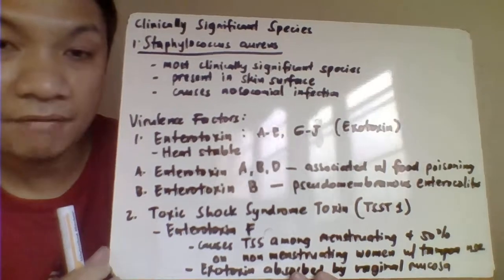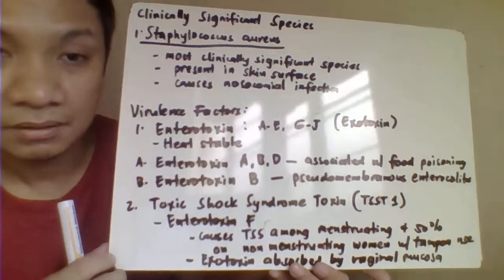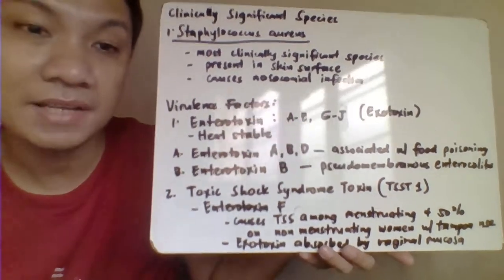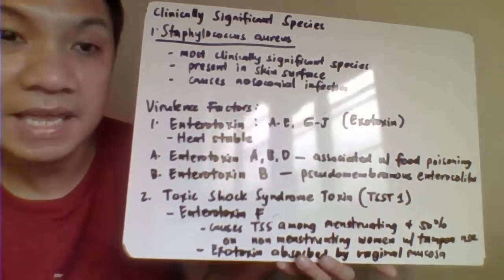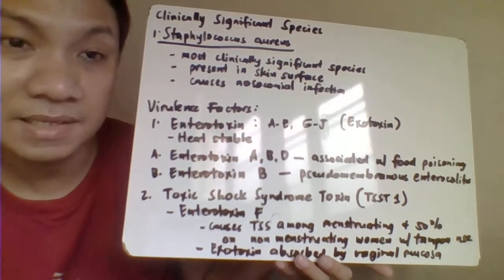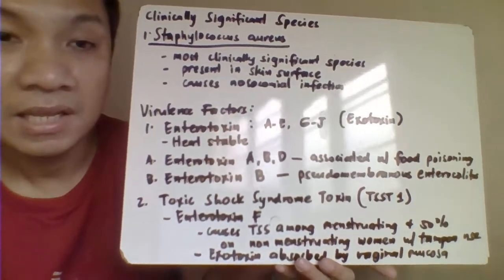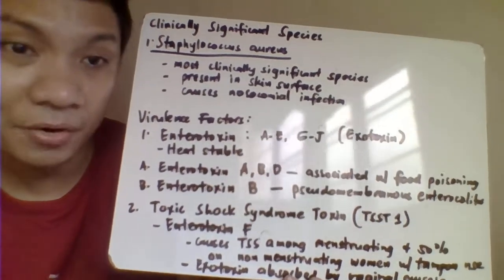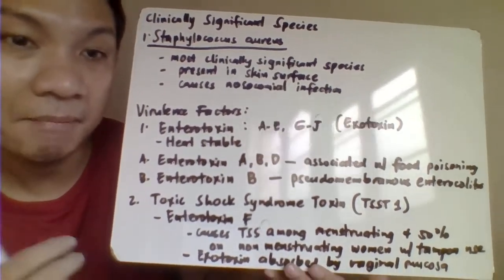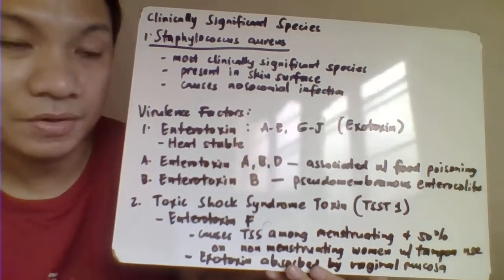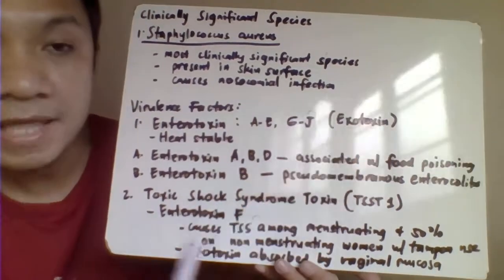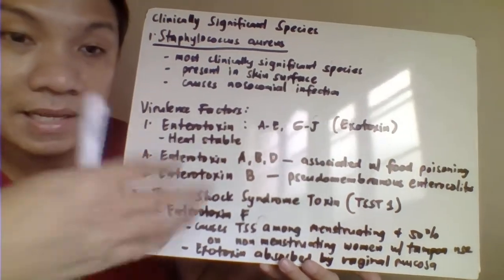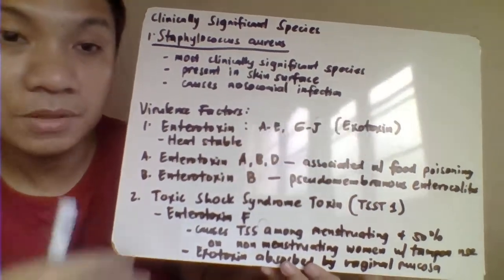The first one is enterotoxin. Enteric means the gastrointestinal tract, so since the toxin acts in the intestinal tract, it will cause diarrhea, vomiting, and gastroenteritis. Diarrhea is the manifestation of that toxin. This is a type of exotoxin, meaning a toxin that is released by the bacteria into the environment.